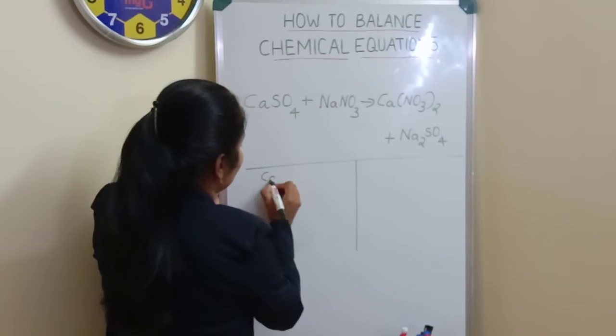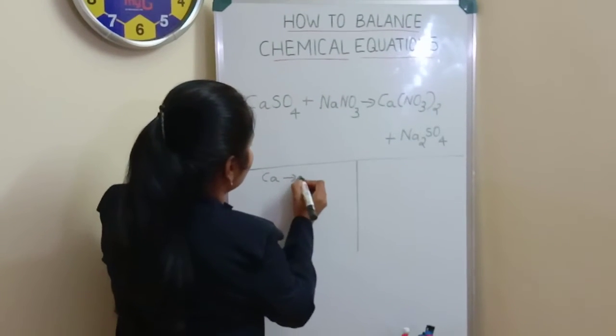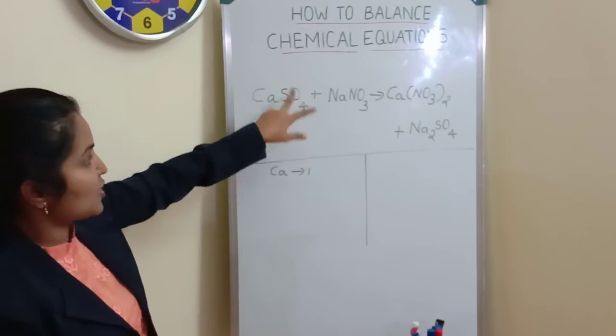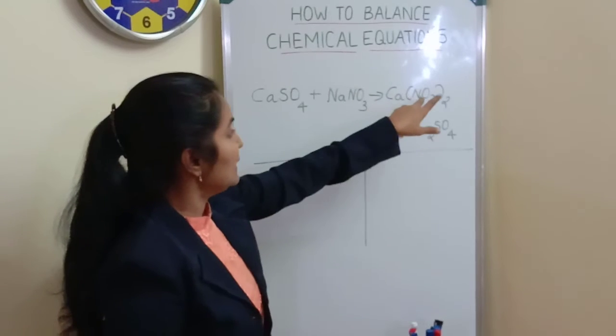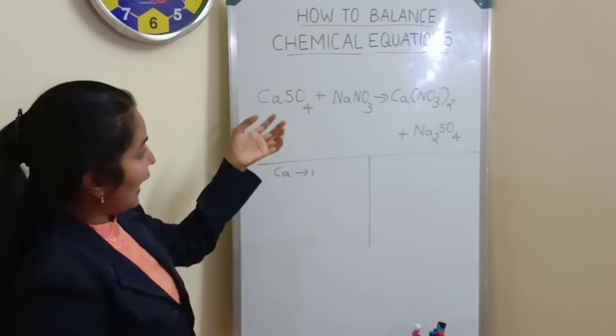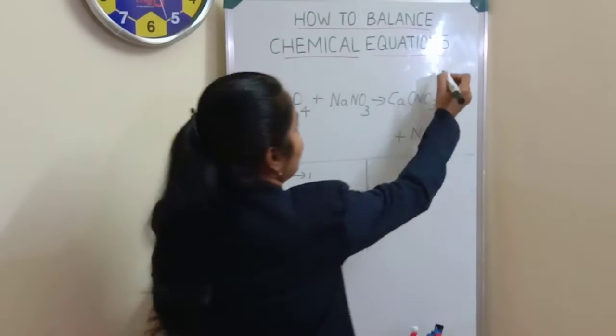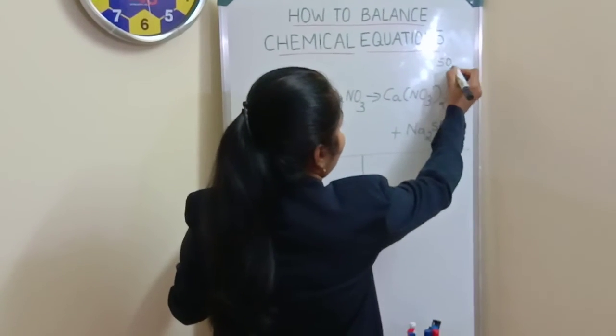Here it is calcium Ca, that's only 1. And here we have some polyatomic ions like SO4, NO3. These are charged chemical species. SO4 we will write as SO4 2 minus.